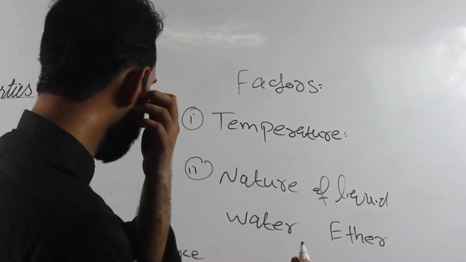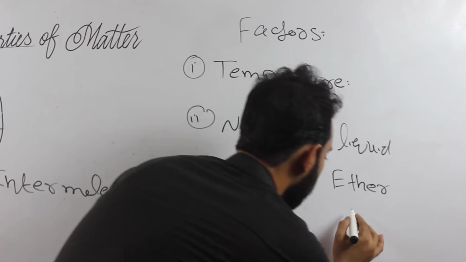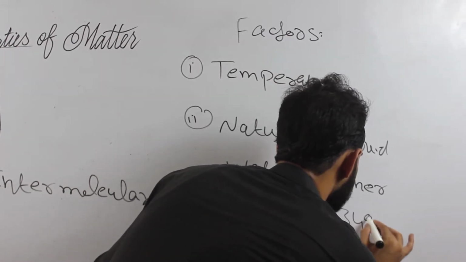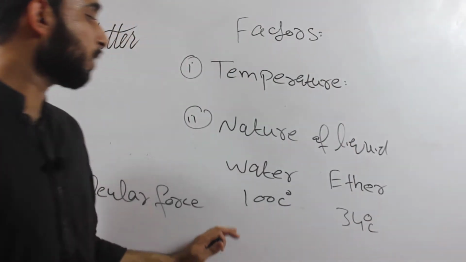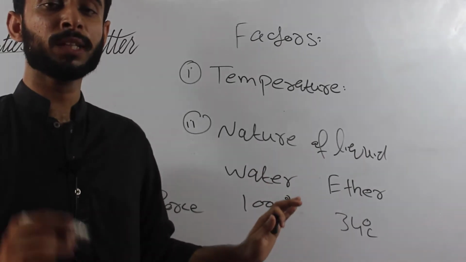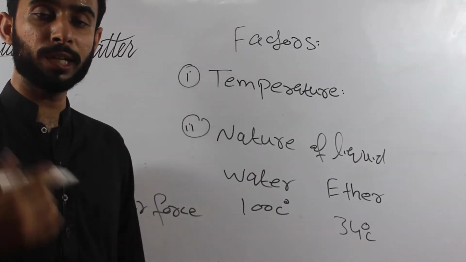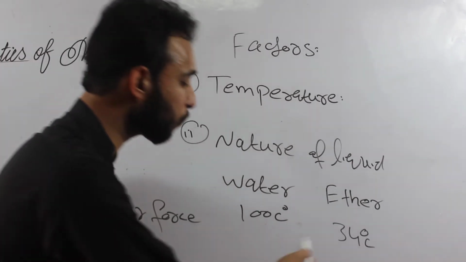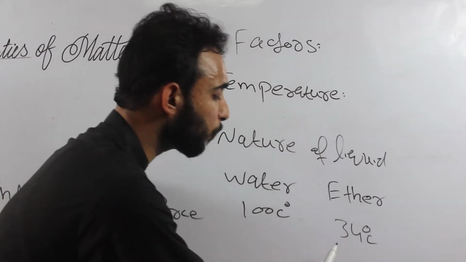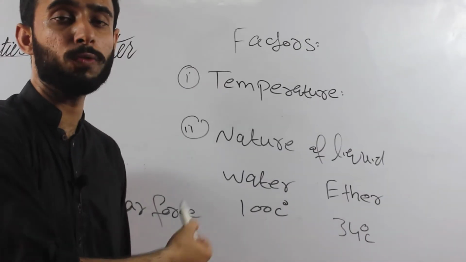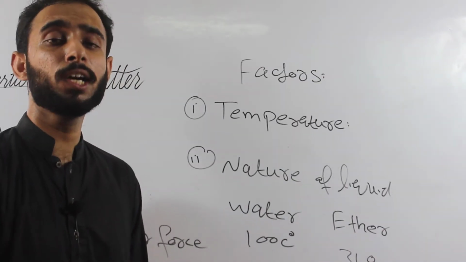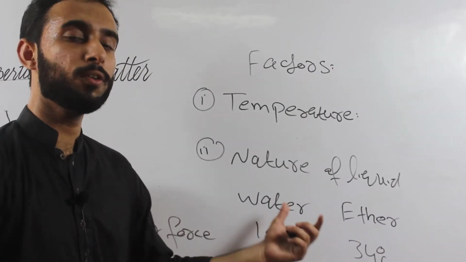As you know, water's boiling point is 100 degrees Celsius and ether's boiling point is 34 degrees Celsius. The liquid with the lower boiling point will evaporate quickly compared to others. Here ether's boiling point is lower than water's, so ether will evaporate more quickly than water.